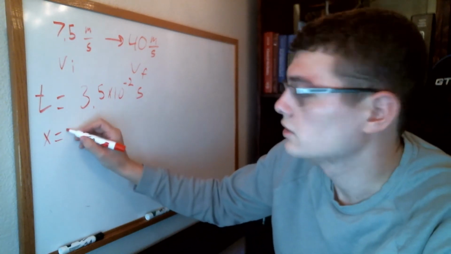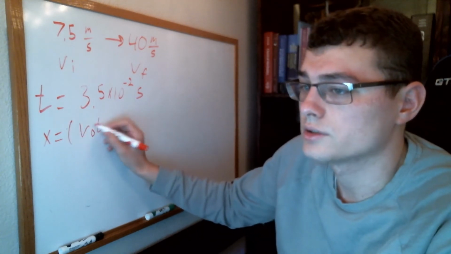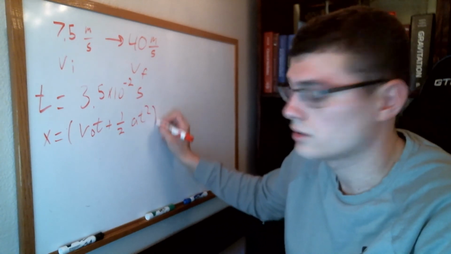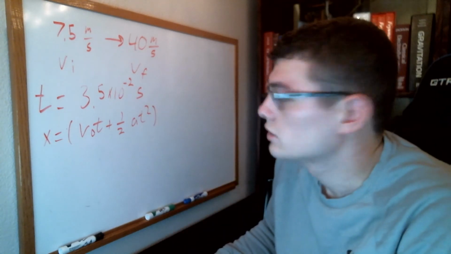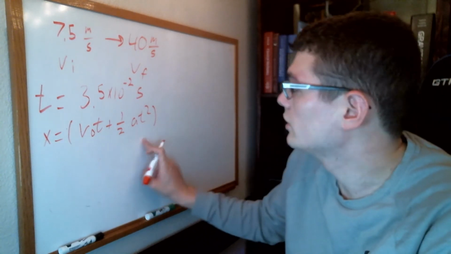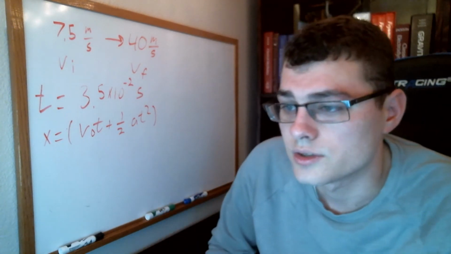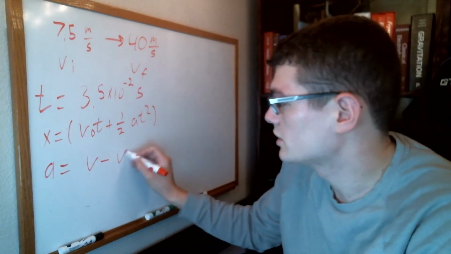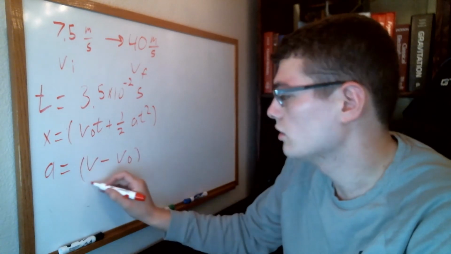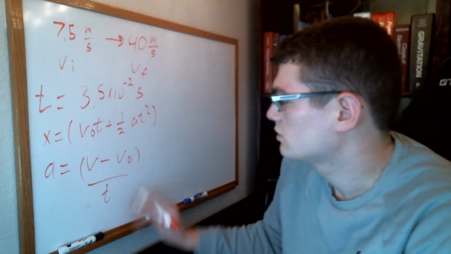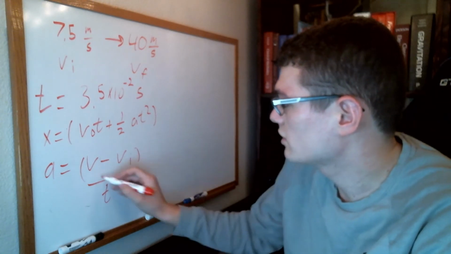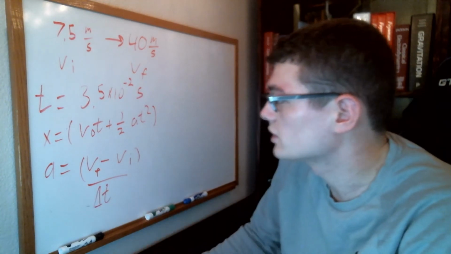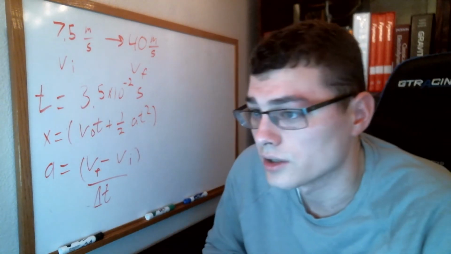Where x is equal to v naught t plus 1/2 a t squared. We have our initial velocity in here, but now we just need to find a. So a in this case is going to be v minus v naught all over t. Or we can say that this is vf minus vi, and there would be a delta there. This is just the time interval delta t, which is this t here.